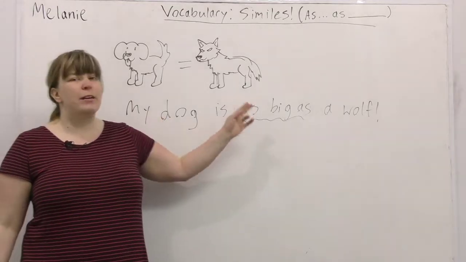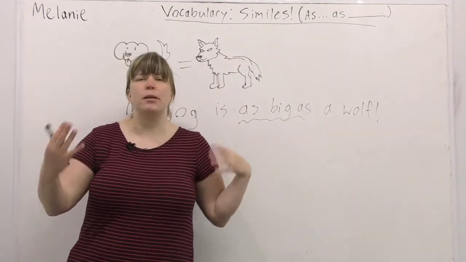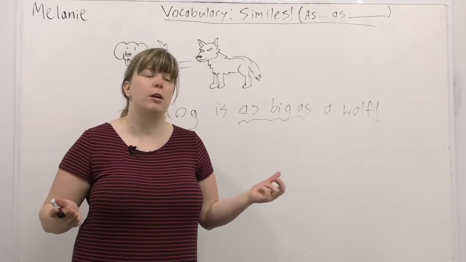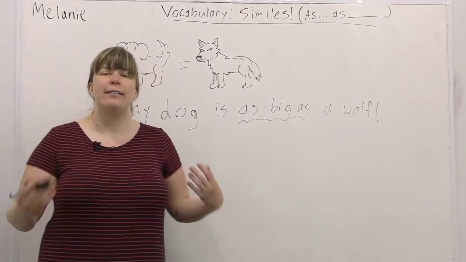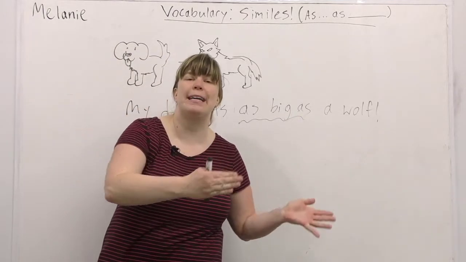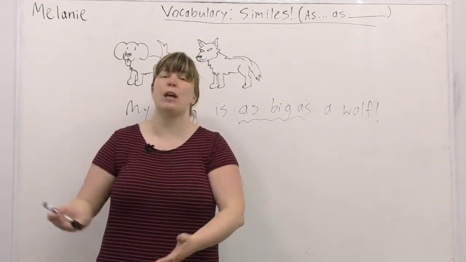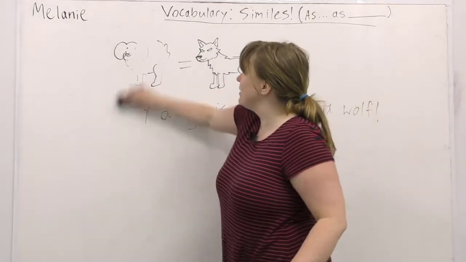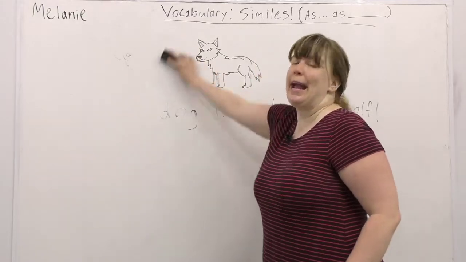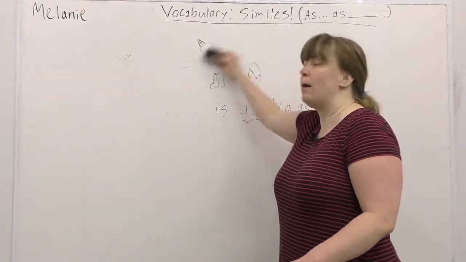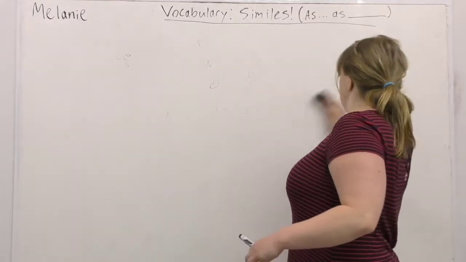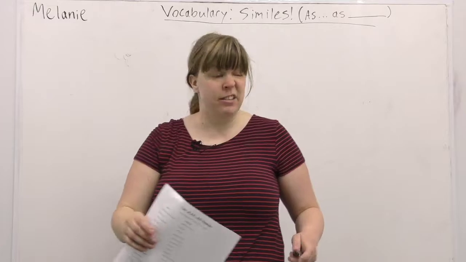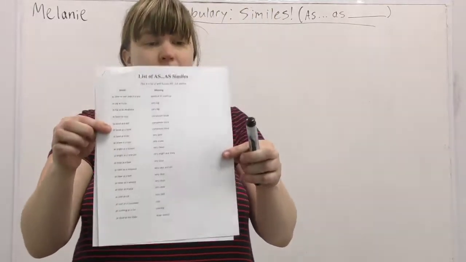Okay, so when we are doing similes, think of them as kind of like idioms or figures of speech. We have a lot of similes that we say to compare somebody to an animal or an object. So, let's get started. Have you ever been compared to an animal or been compared to an object? Okay, so I would like you guys to pull out this sheet here.